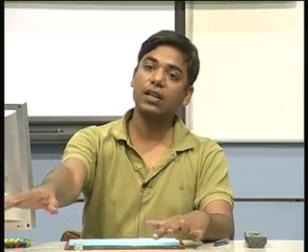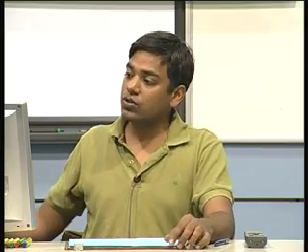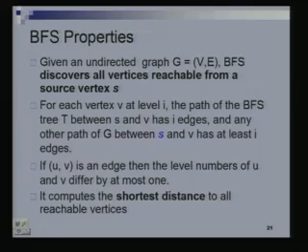If the graph had more than one connected component, and S is in a certain connected component, I will only visit those vertices. The vertices in the other connected component, I will never be able to reach at all. So, the first thing to keep in mind is that it discovers all the vertices which are reachable from a source vertex.